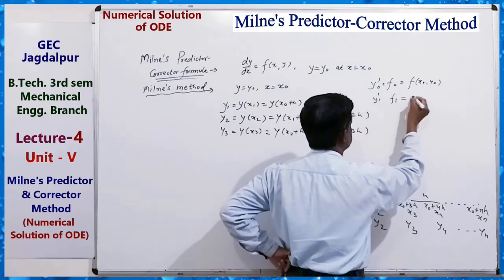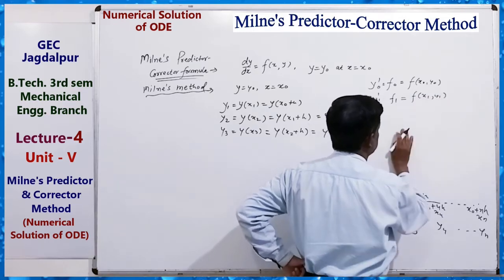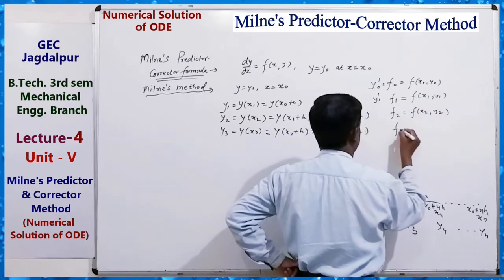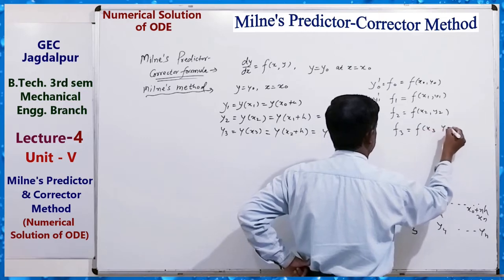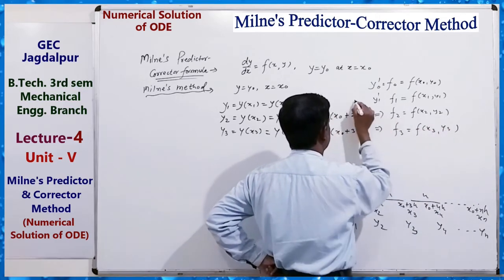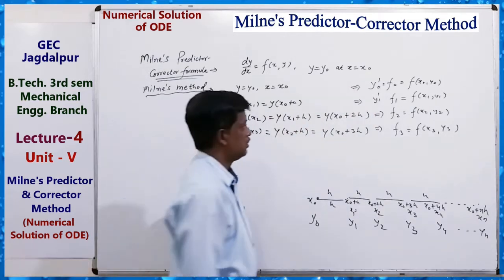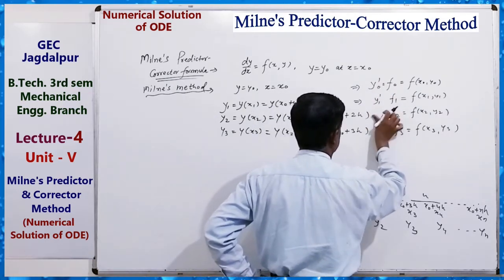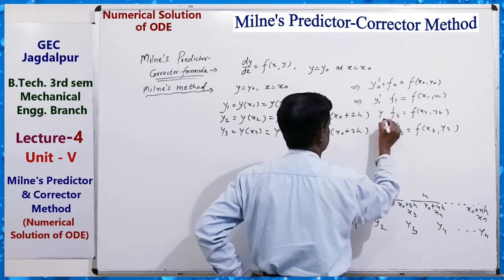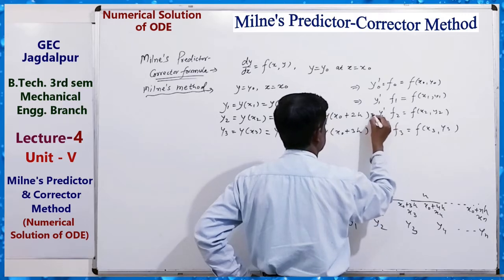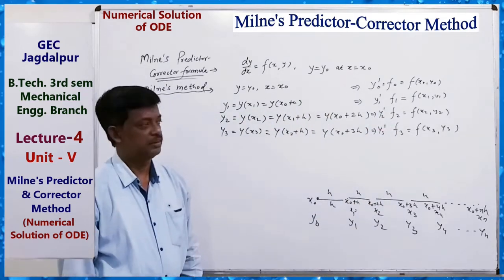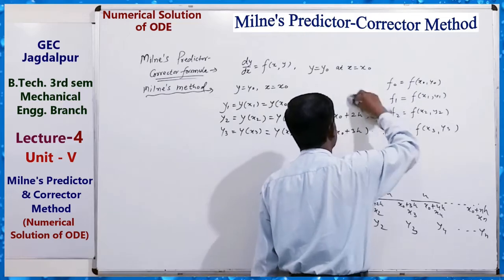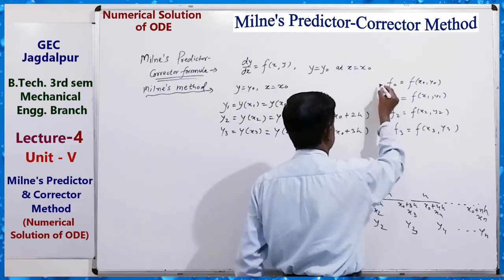So this is the notation. We can write it here also as y2 dash, y3 dash at the point. Generally we use this notation, so the y1 notation is not required.